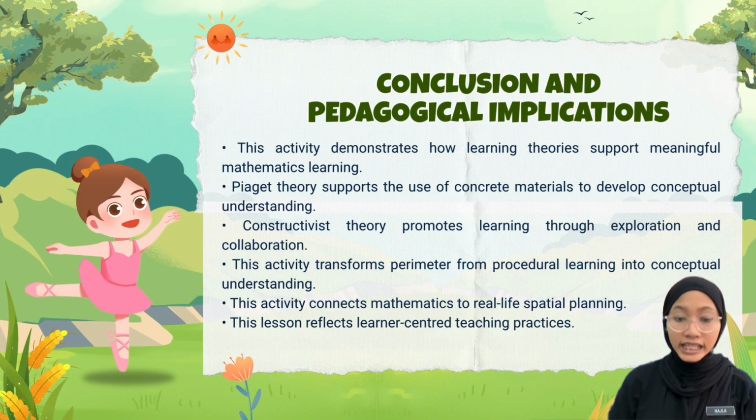Therefore, this activity shows how effective lesson design can integrate learning theory, real-life application, and active learning to develop meaningful mathematical understanding. This shows that effective mathematics teaching is not only about content but about how learning is designed based on how pupils think and learn.